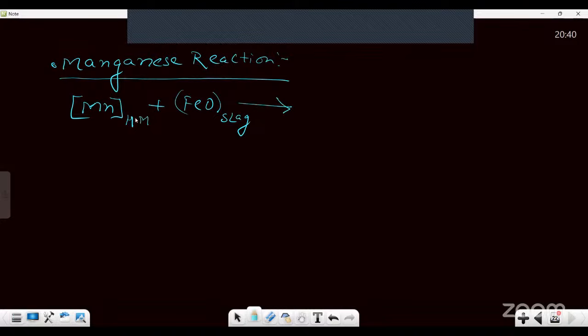The FeO is going to oxidize the manganese and make MnO. MnO will go into the slag, plus iron is going to be produced, and iron will come back into the hot metal. So what kind of reaction is it? This is basically a slag metal reaction.